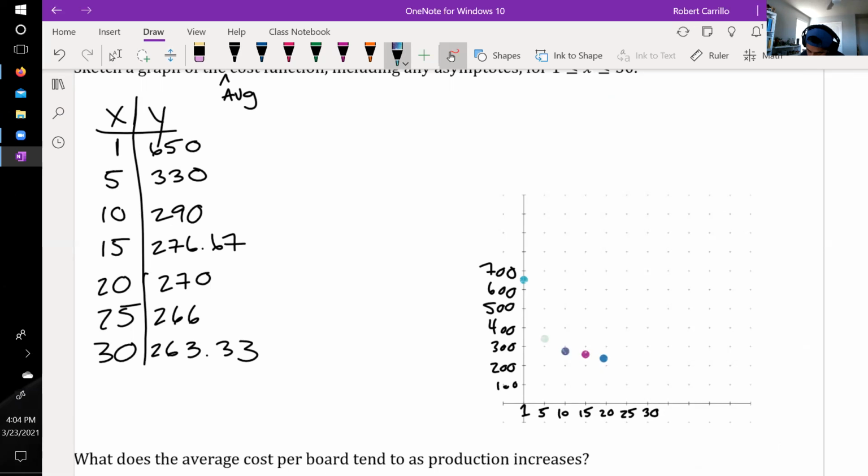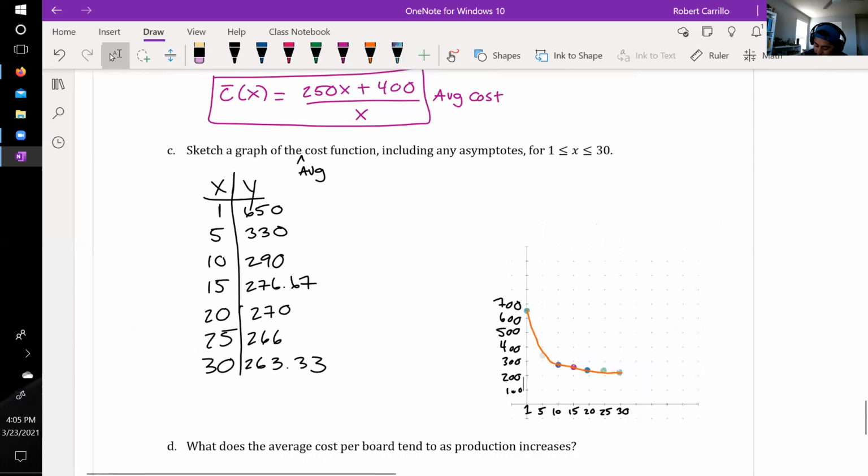And then 25 and 266 still in that area, and 30 and 263. Okay. So here's what our function looks like. Actually, it stopped at 30. It says 1 through 30. There it is.